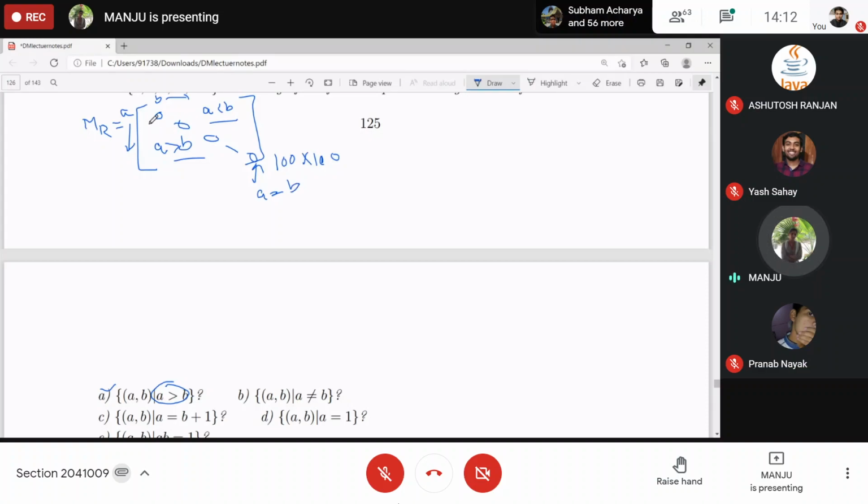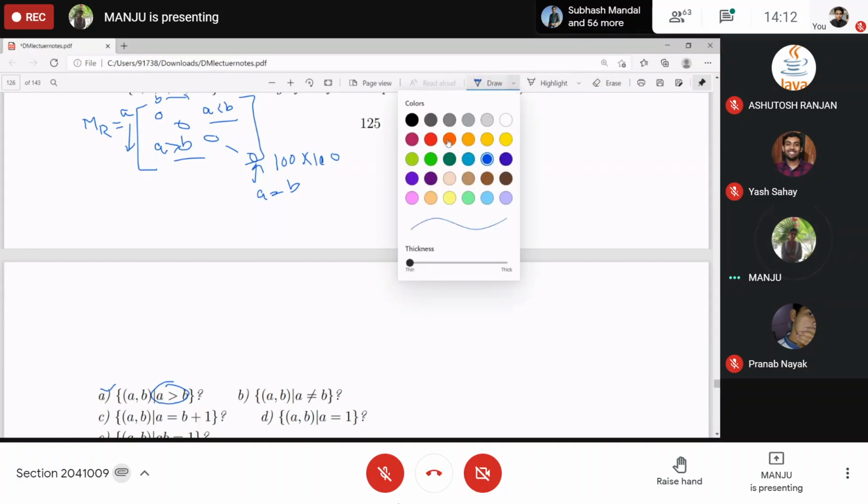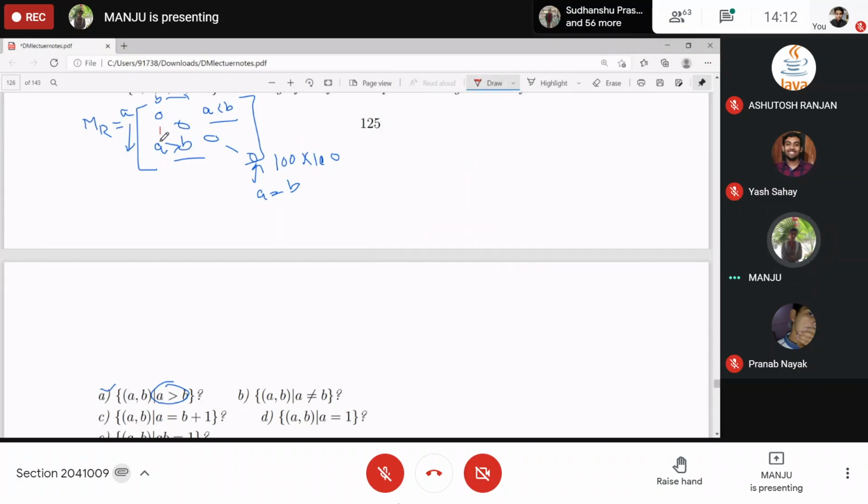So what will you count? In the first row, how many ones? How many ones? In the second row, 1. In the third row, number of ones is 2, right? Fourth row and so on up to 100th row. In 100th row, it will be 99 ones and the 100th place is giving you 0.